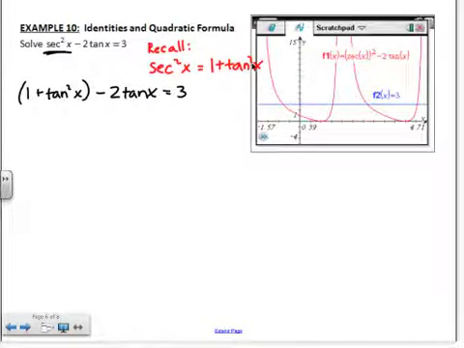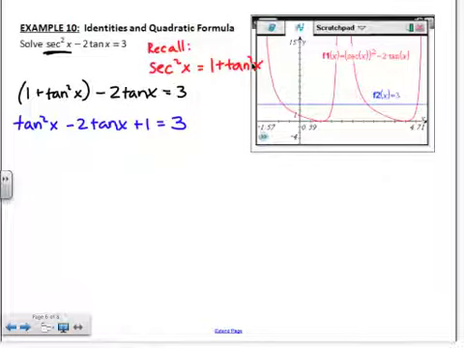Then we're going to rearrange this into a quadratic. So we have nothing being multiplied, so it's tangent squared x minus 2 tangent x plus 1 equals 3. Let's write one more step, just so we don't confuse anybody.